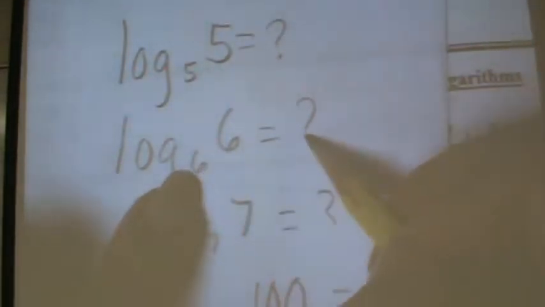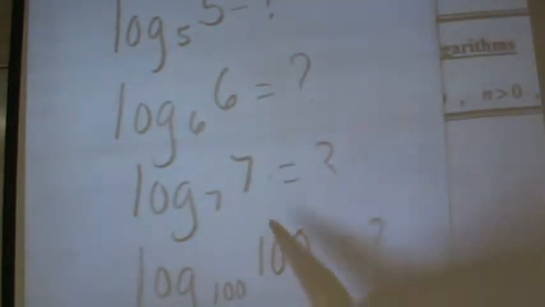They're the same. So if I said what is this equal to? 5 to what power is 5? 1. 6 to what power is 6? 1. 7 to what power is 7? 1. So when these two numbers are the same, the answer is going to be 1.